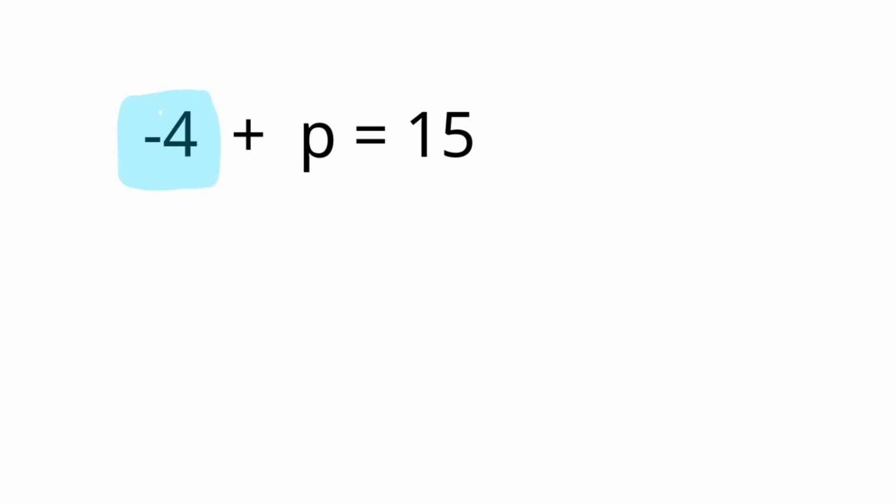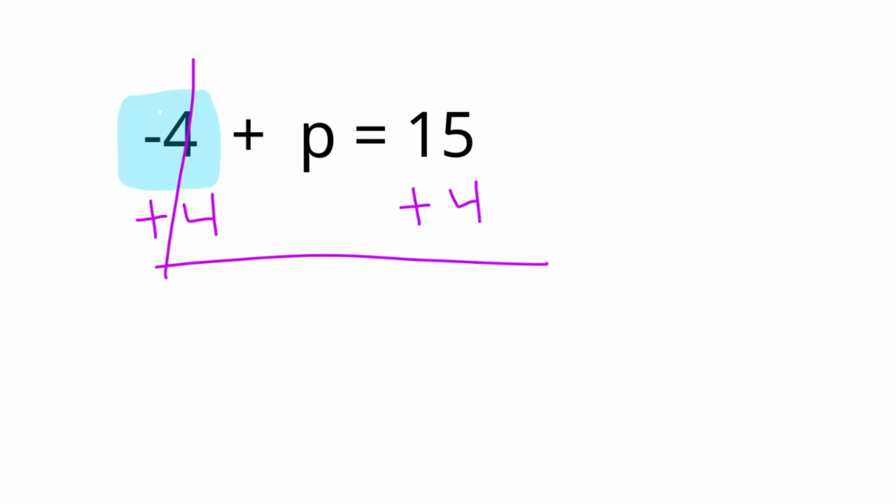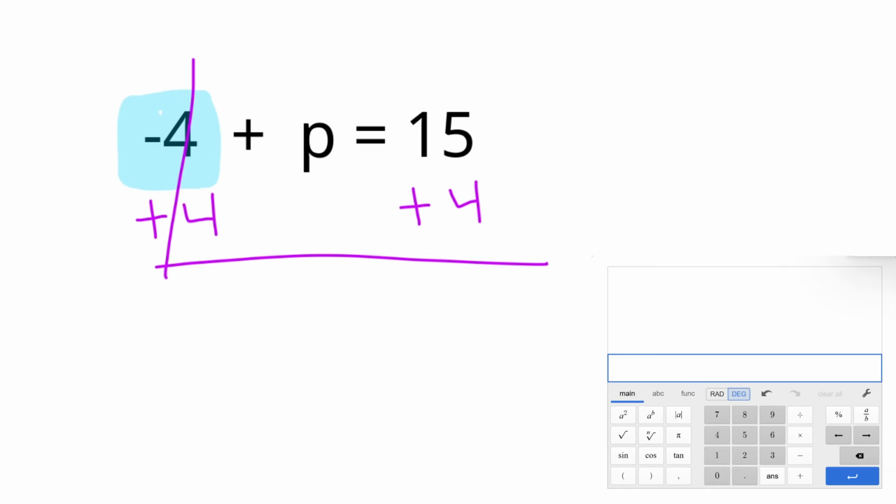And whatever you do to one side of your equation, you do to the other side as well. On the left side, you have minus 4 plus 4. That cancels out, leaving the p isolated all by itself. On the right side, you have 15 plus 4. That is 19.